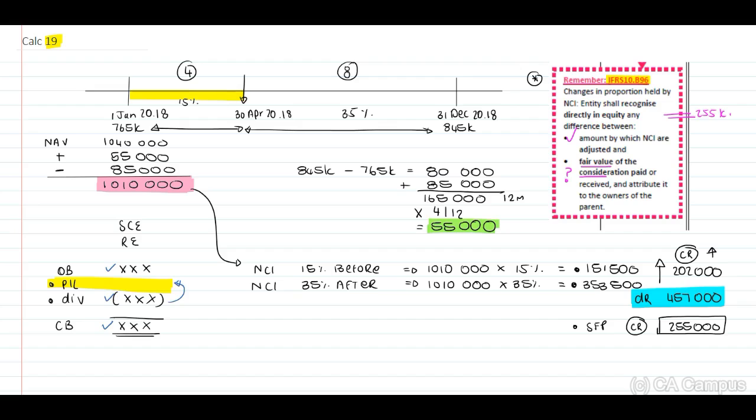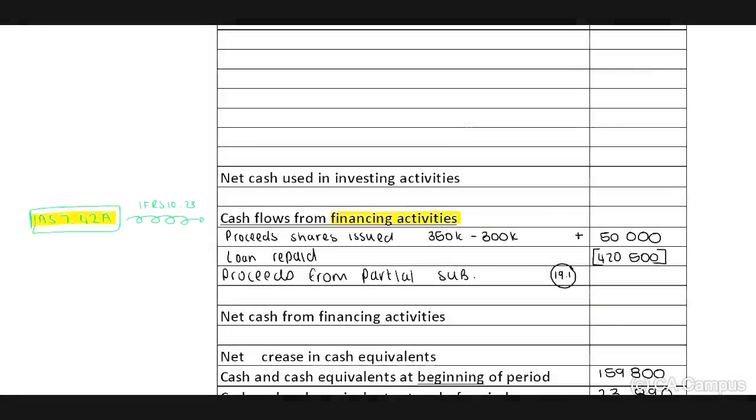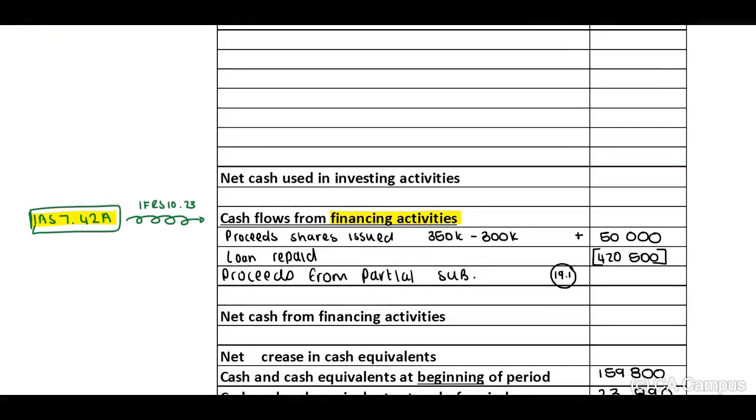Okay, now this is our partial disposal amount, 19.1. This is my calculation reference, and I need to transfer this to the face of my cash flow statement. Remember, we need to include this in the cash flows from our financing activities, and this is calculation 19.1, and they've received an amount of 457,000.